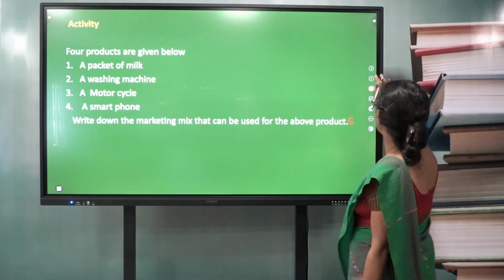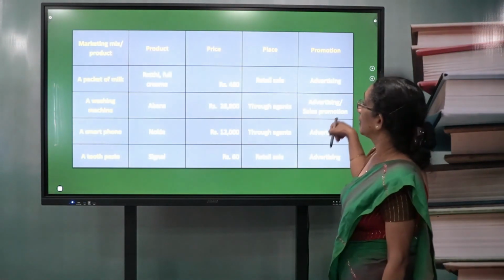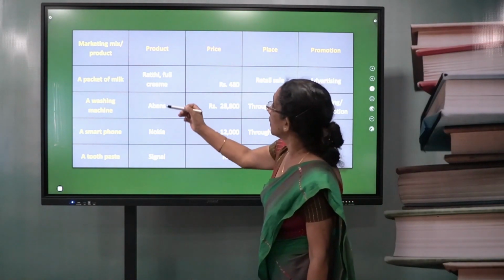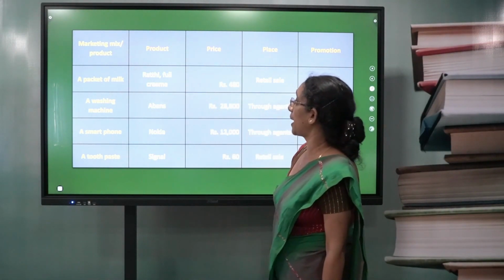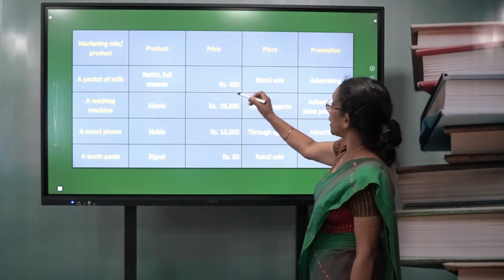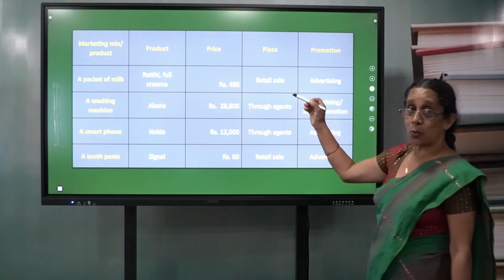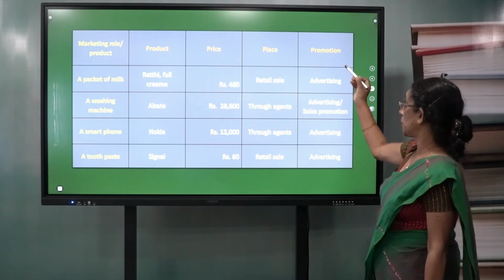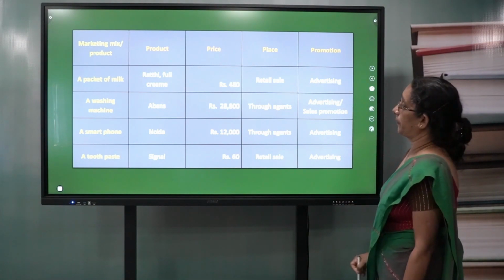Now here is the marketing mix given for those products I gave you. First you have the packet of milk, product, we have given the brand, Ratti, then price 480, place, meaning how they are distributed, that is through retail sale, then promotion, advertising.